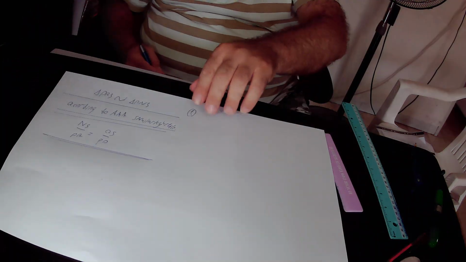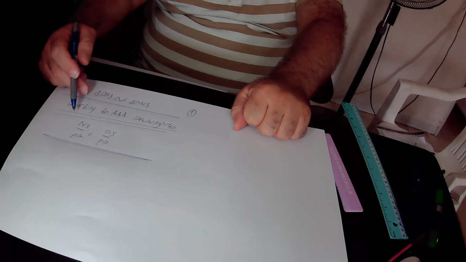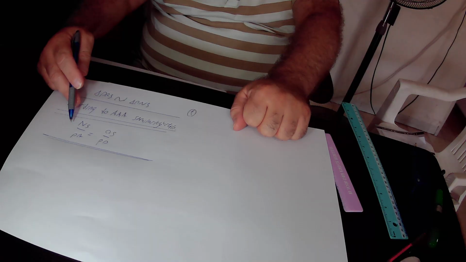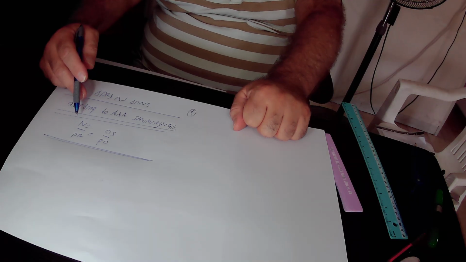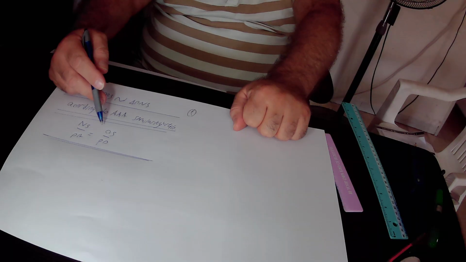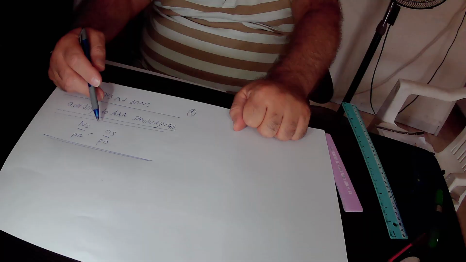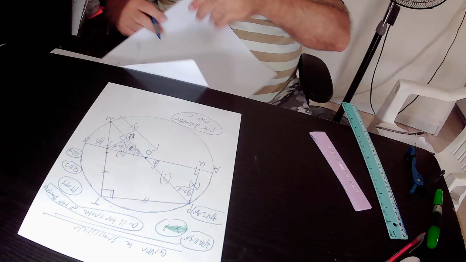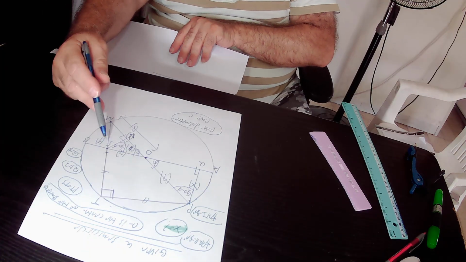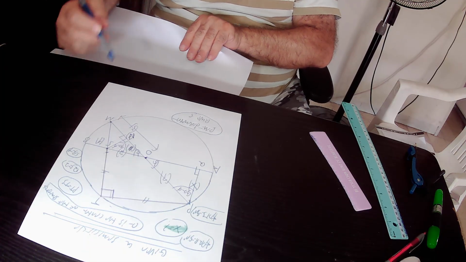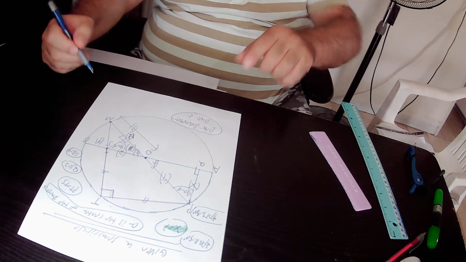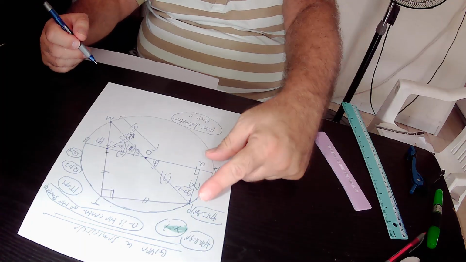NS is the missing side, so we leave it as it is, over PQ.